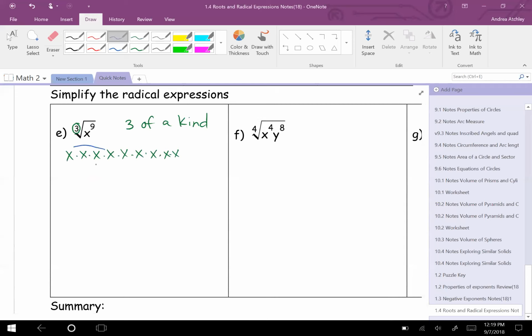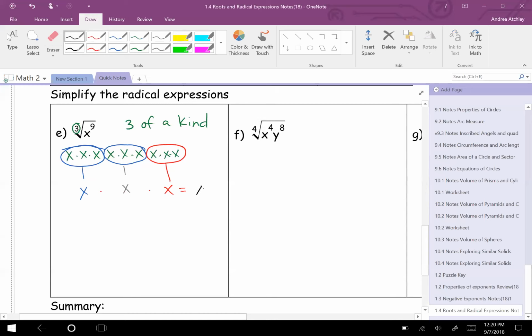I have 1 group of 3, so it becomes an x here. I have another group of 3, so it becomes x here. And I have another group of 3 here, so it becomes x here. Then I multiply them all together. x times x times x gives me x cubed.